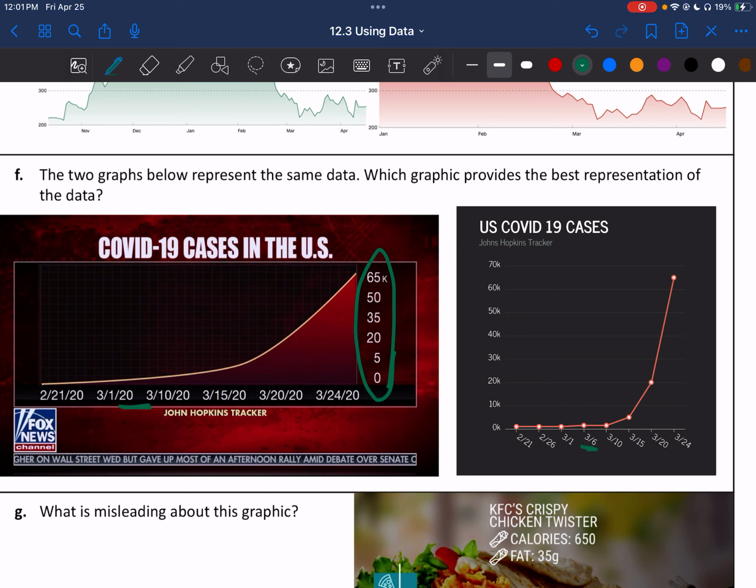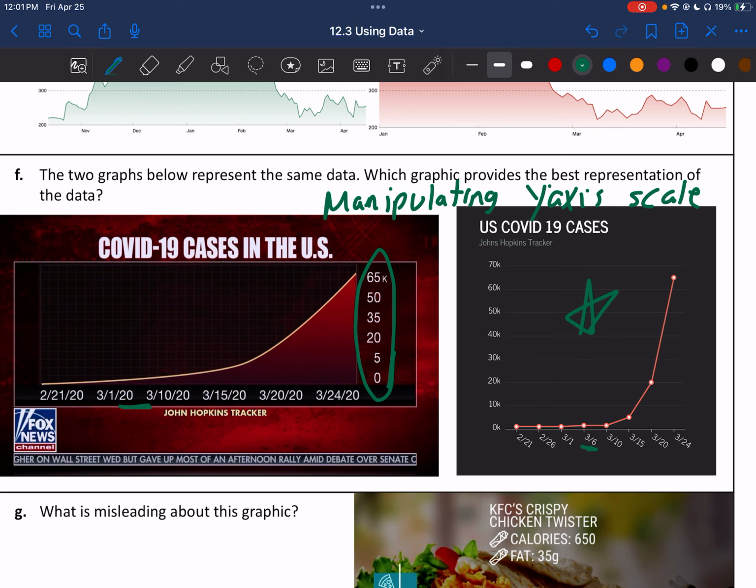So this is going to be manipulating the y-axis scale, right? And the Johns Hopkins one is going to be the better representation because it is keeping it consistent based on the data that they're given, right?